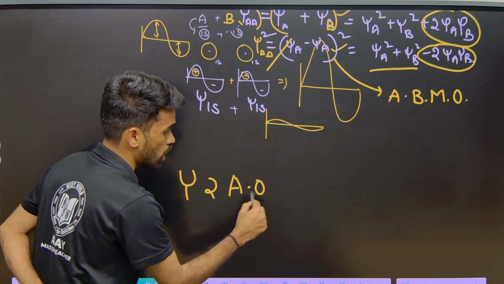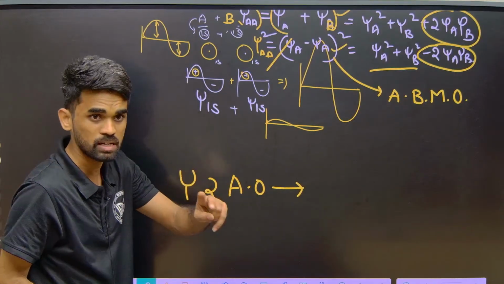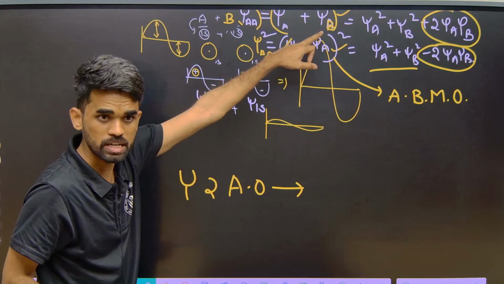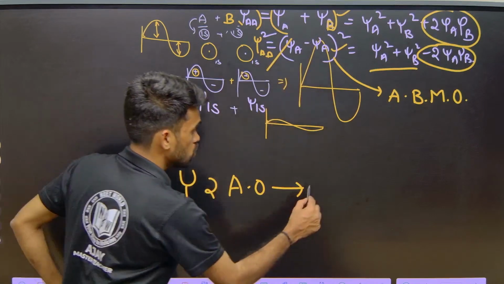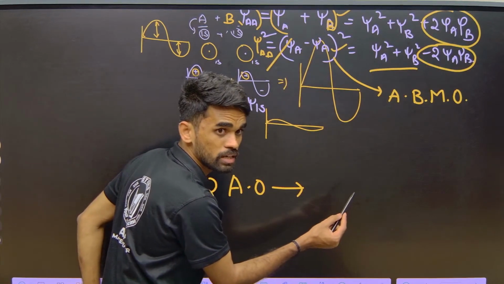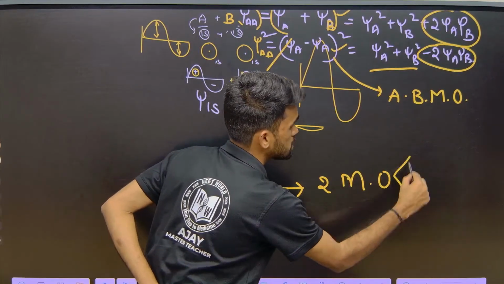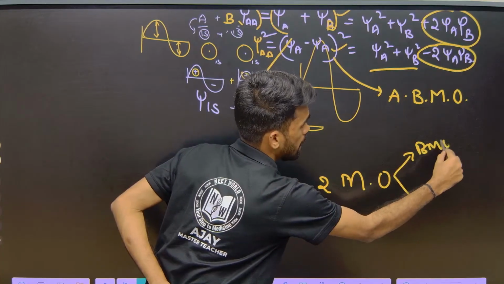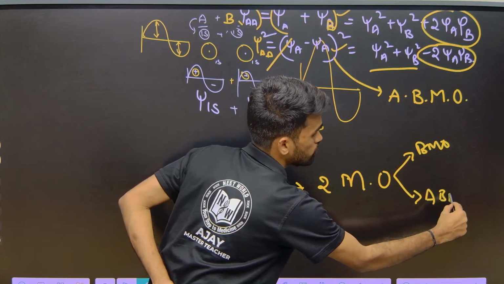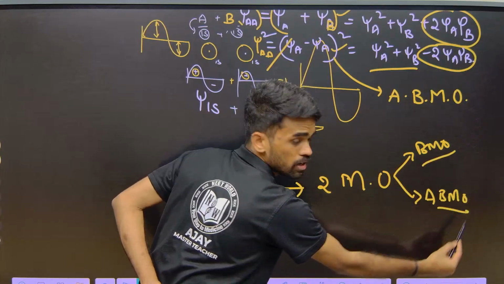So these 2 atomic orbitals, there are 2 possible ways, either it can go constructive, or it can go destructive. So how many molecular orbitals are you getting? 2 molecular orbitals. What is that? One is BMO, another one is ABMO I can say, bonding molecular orbital, antibonding.